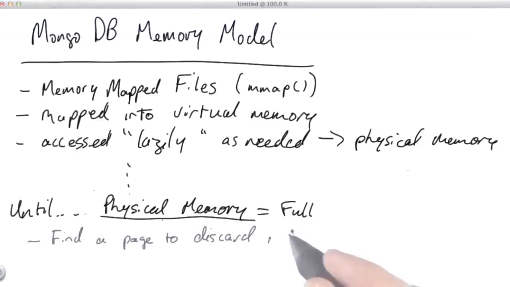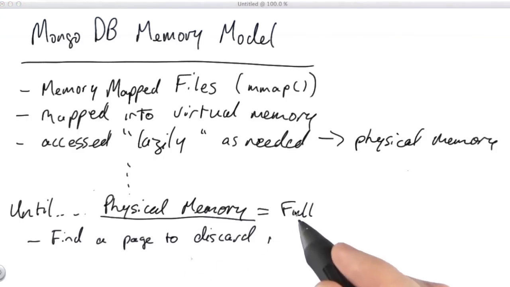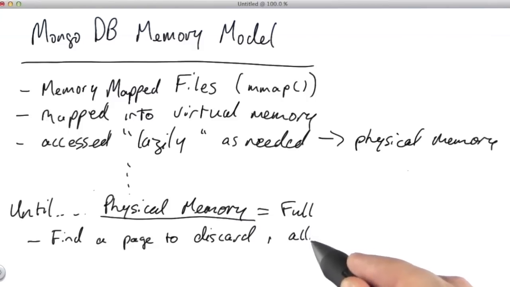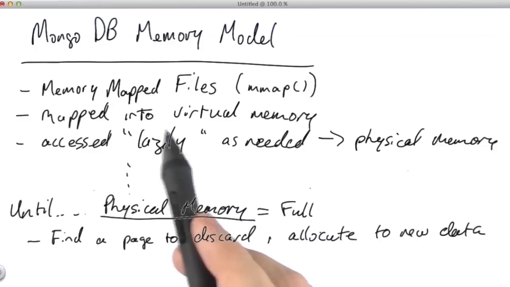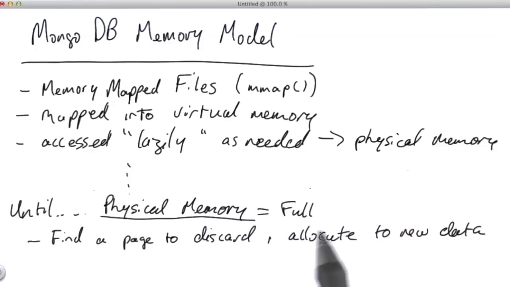So in other words, it has to find a page to discard, write that out to disk, get it out of memory, and then allocate the memory to the new data. So that's where the change comes in. Previously, as we were just filling things up, it would just keep allocating more and didn't have to worry about finding a page to get rid of. So now as you add a new page in, you've got to find one to page out as well. So how does the kernel actually make that decision?